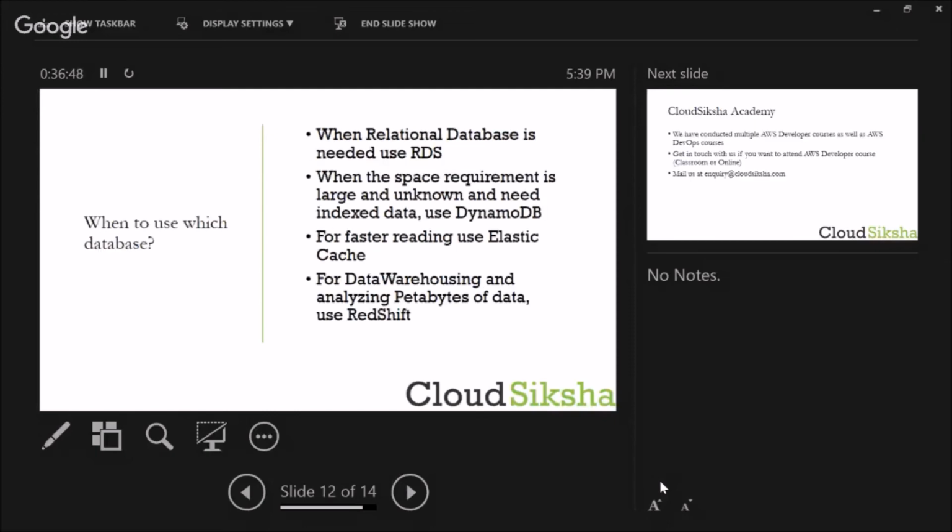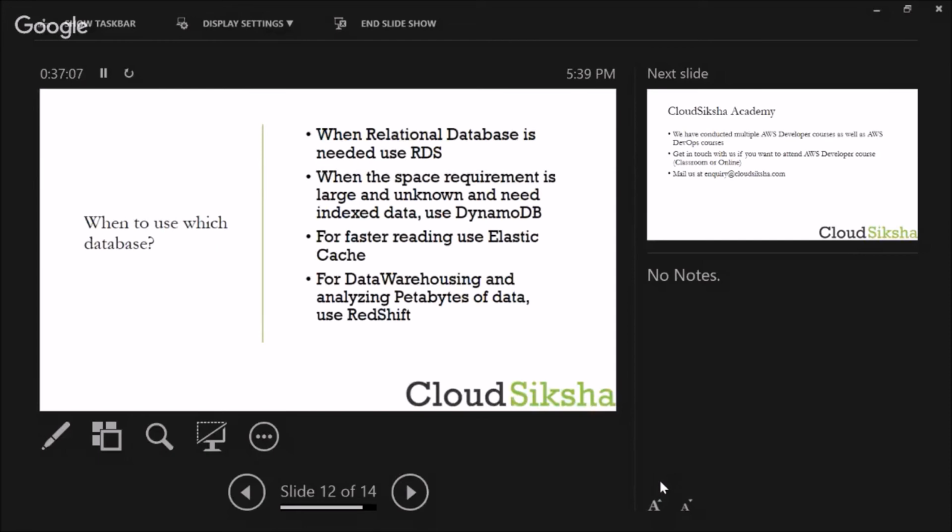So finally, let's have a quick summary of which database to use where. We are talking about databases, and we want to know where to use which database. Of course, a relational database is used whenever there is a need for it.